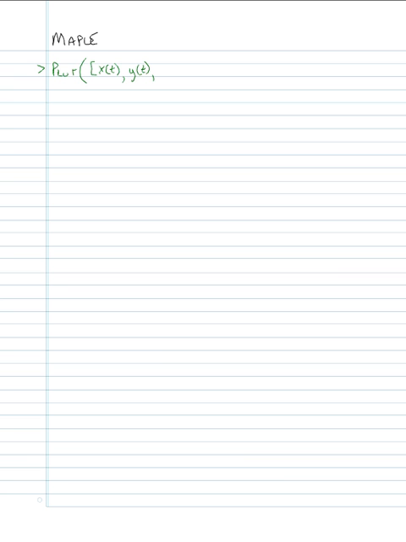Actually it doesn't have to be in terms of t, it could be some other parameter name. Then we put the limitations on the parameter itself. For instance, t could be from 0 to pi, and now we're finished with the definition of our parametric curve equations. So we close the bracket.